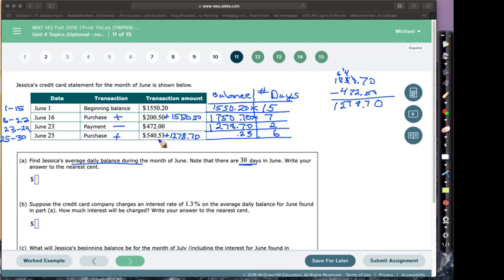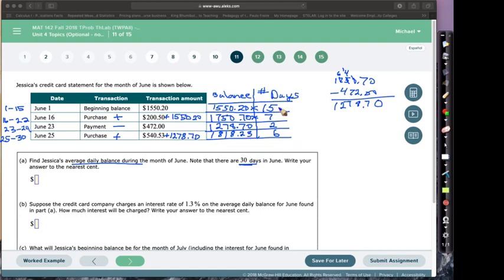Let's see. Maybe use a calculator to make it a little easier. 7 and 4 is 11. Carry the 1, 2, that's 3, that's 8. And one there, $1,818.23. Sort of the ending balance for the month.